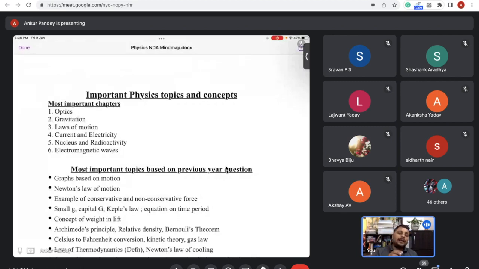Those who are in 12th grade, my personal recommendation will be, do not go for chapter number 2, complete reading again. Do not go for chapter number 3, complete reading again.